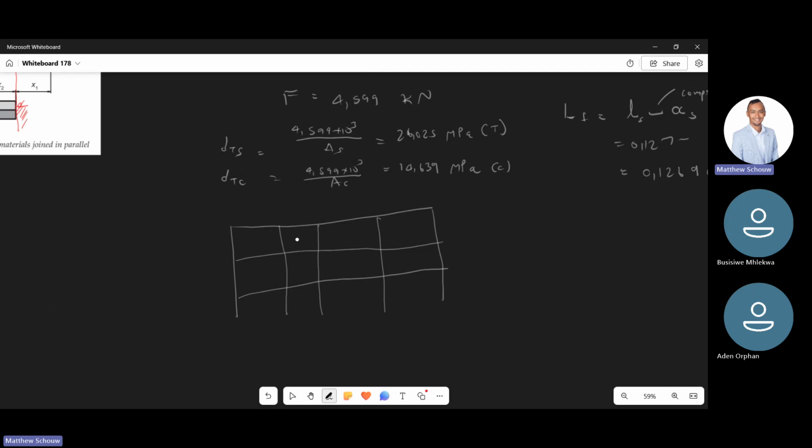You want to put in steel and copper, then the mechanical loading and the thermal. Extend this a bit further, it's 4 columns. And you can put in the resultant. So this is stress here, and that's the resultant.